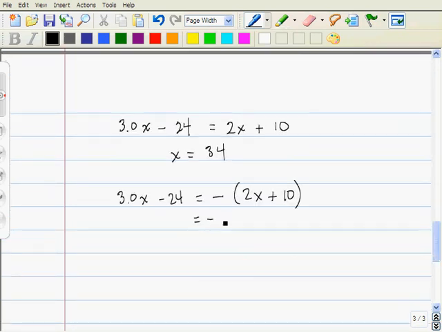So now if I solve, I'll have on one side 5x, and on the other side we'll have 14, right? So the other solution here is x equals 14 divided by 5, which is 2.8.